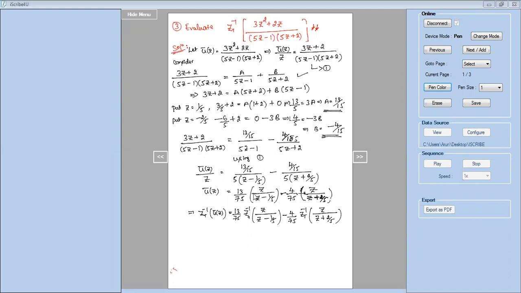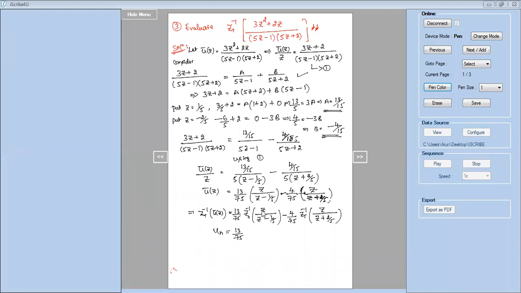Right? I'm just taking inverse on both sides. So inverse of U bar of Z equals, these constants I'm keeping outside. Now you know inverse of U bar of Z is un. So it is un equals the first term, 13 by 75. What is inverse of this?